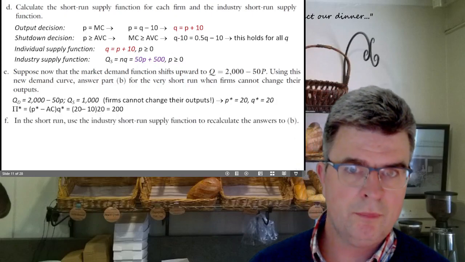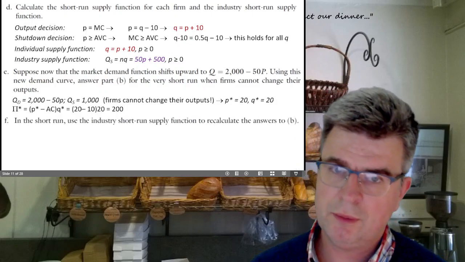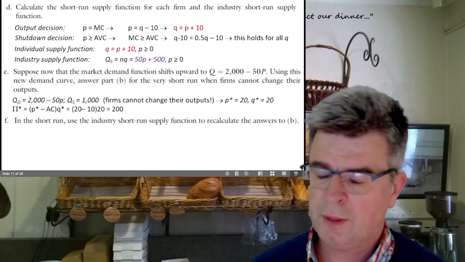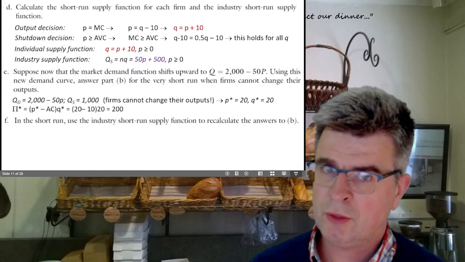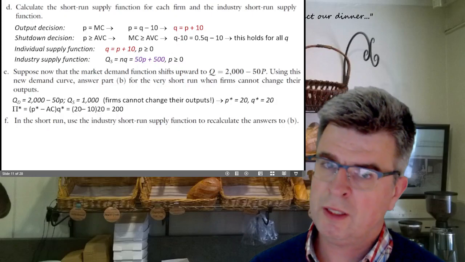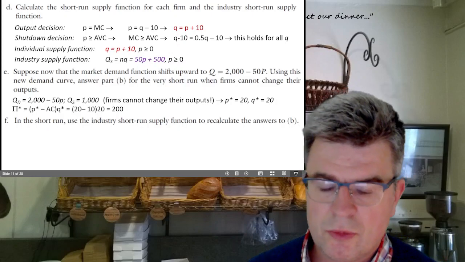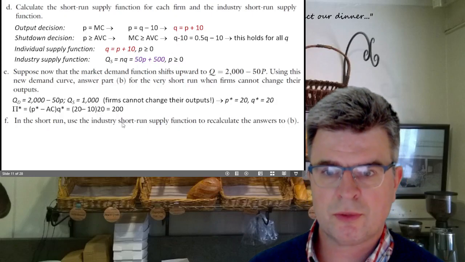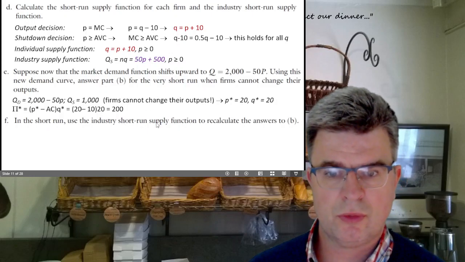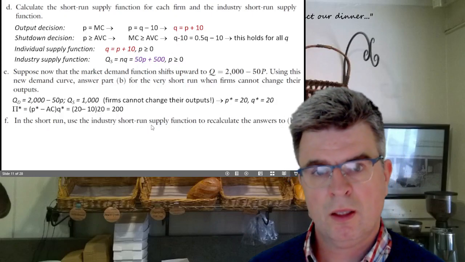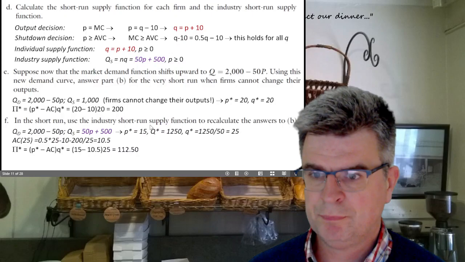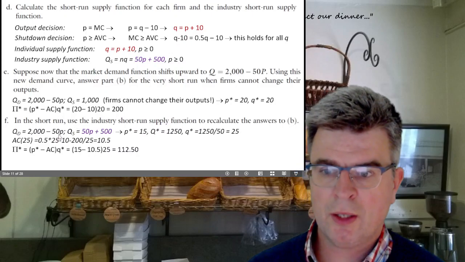In the short run, so this is not a very short run, it's also not a long run, the firms that are active in the industry can adjust their output, but entry and exit is not possible. So in the short run, use the industry short-run supply function to recalculate the answers to B. We have the new market demand.